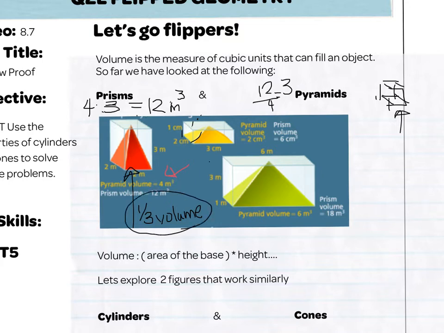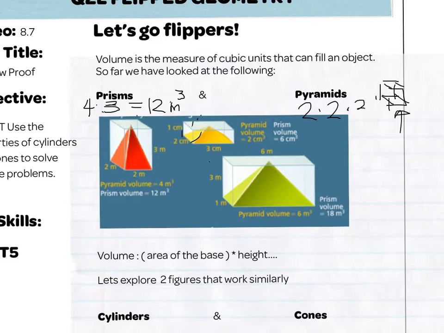So this is really important because to figure out the volume of the pyramid, we take the same area of the base, which would be 2 times 2, so that gives us 4, times 3, and that's the height.